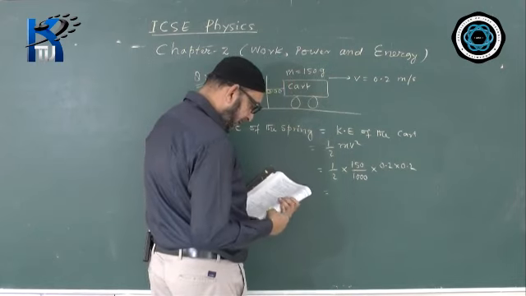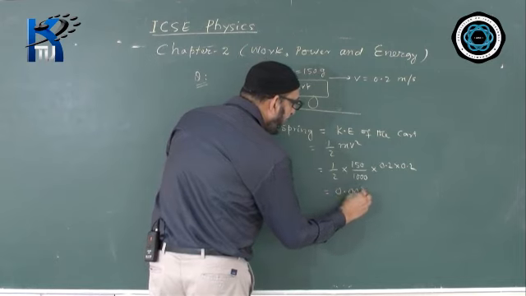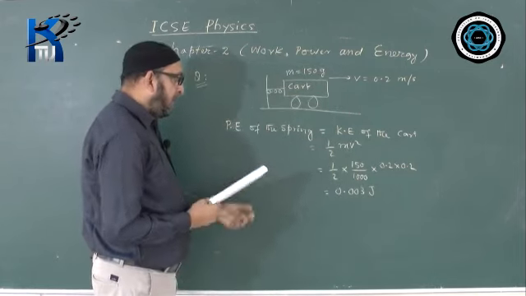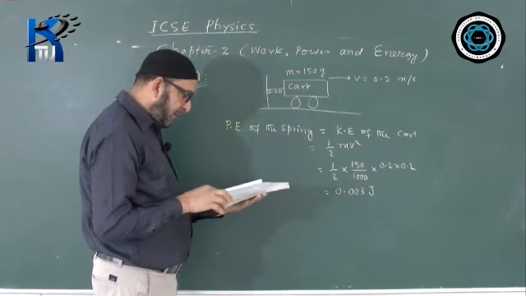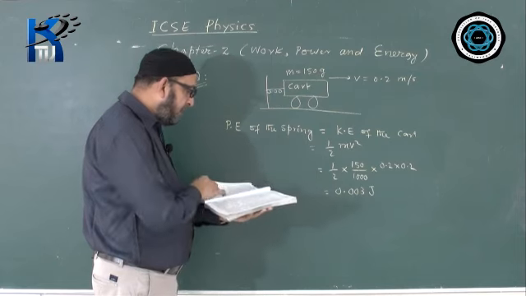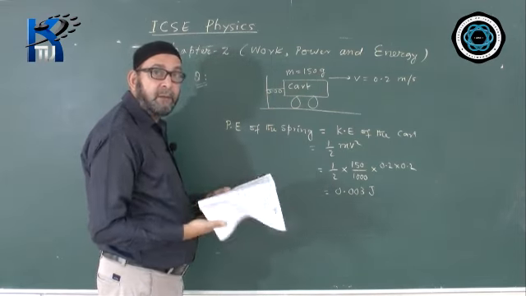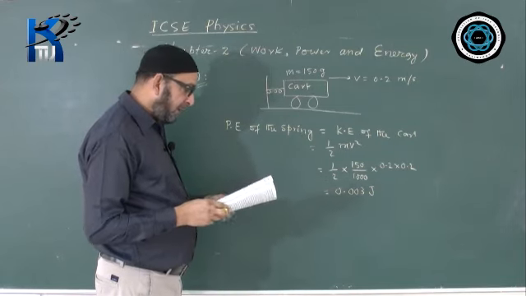The answer will be 0.003 joules. So, we have to see the situation where the energy conversion is taking place. We will find one type of energy and that will become the value of the other type of energy which the question is asking you to find.